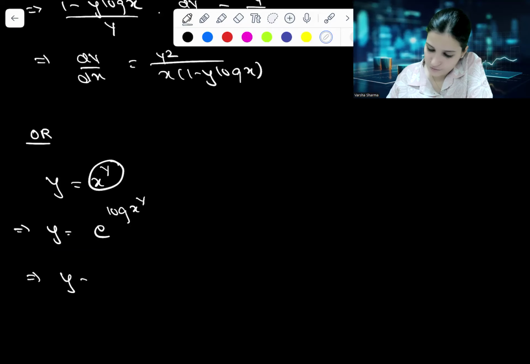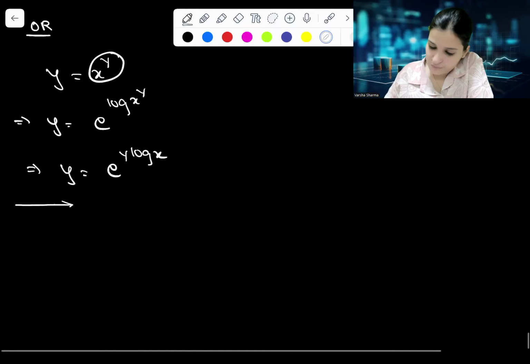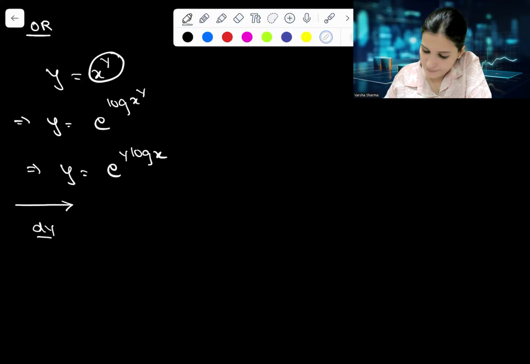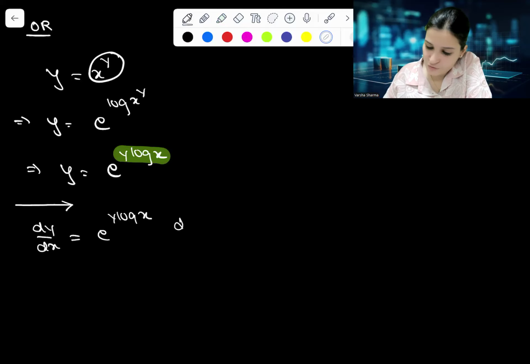So y equals e power, y comes to the front. Differentiating both sides, dy by dx. e power x becomes e power x. Applying chain rule to the y log x term.